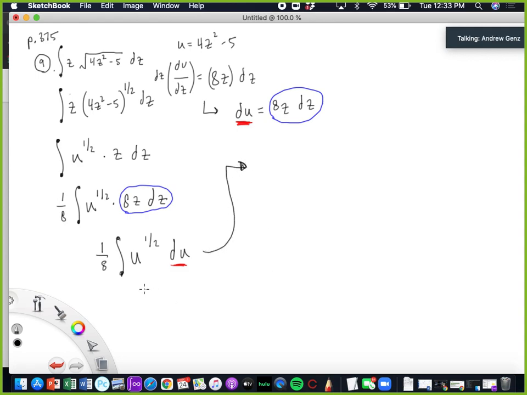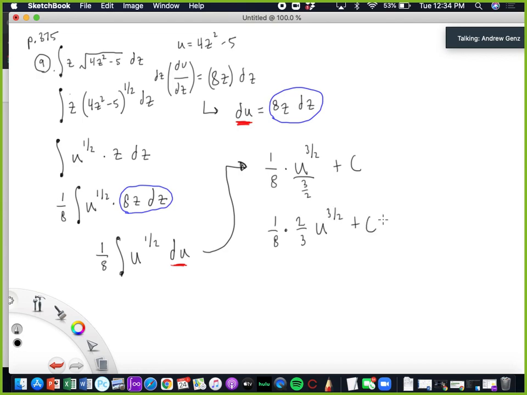Now we're going to take the integral of this. We get 1/8 times u to the 3/2 plus c over 3/2. We added 1 to the 1/2, so we got 3/2 in the denominator. And I taught you the trick here: I'm going to take 1/8 times 2/3 u to the 3/2 plus c.